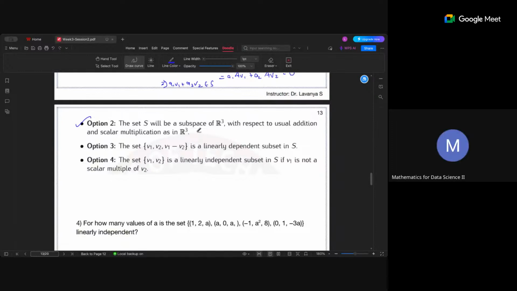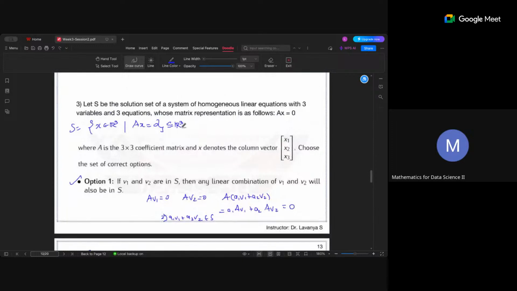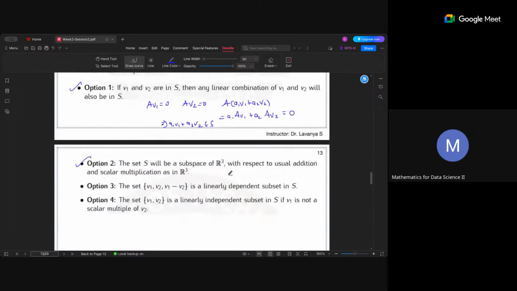First of all, it should be a subset of R3, which we clearly have. We also need S to be closed under vector addition and scalar multiplication, which we have already seen, following a similar way of verification. So if this set satisfies all these conditions, then it is a subspace of R3. Correct or not?